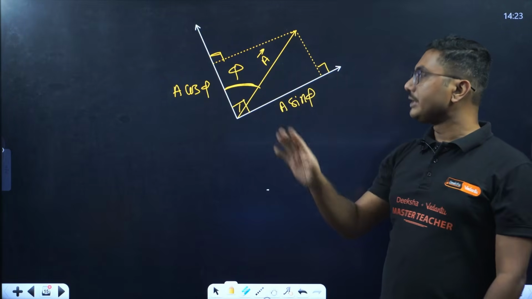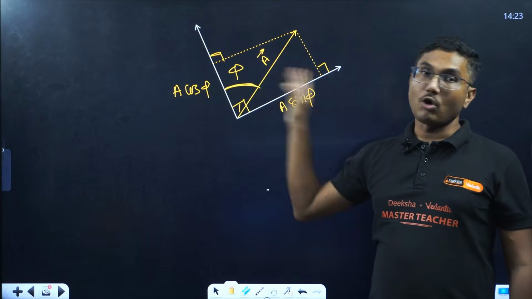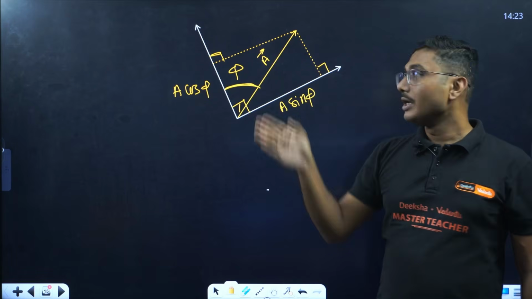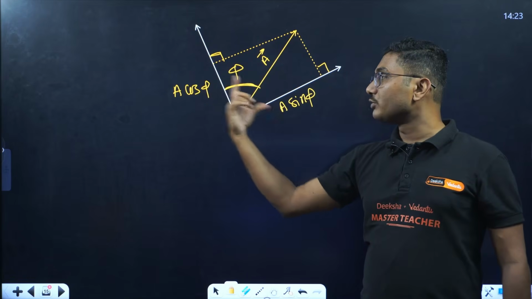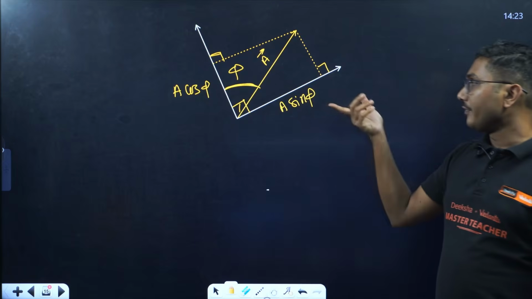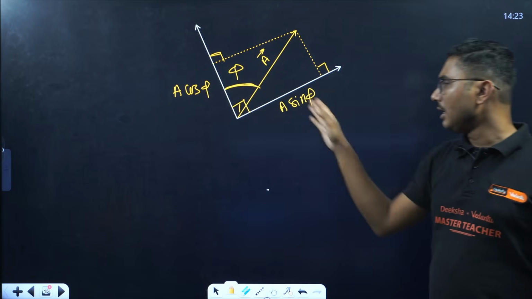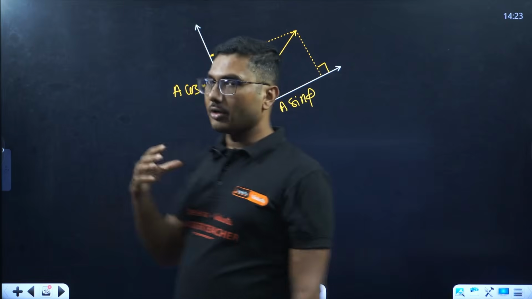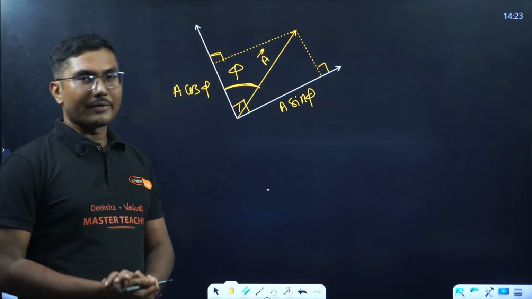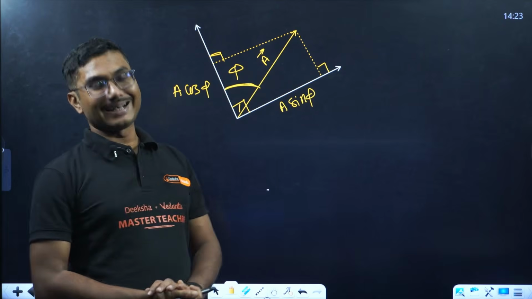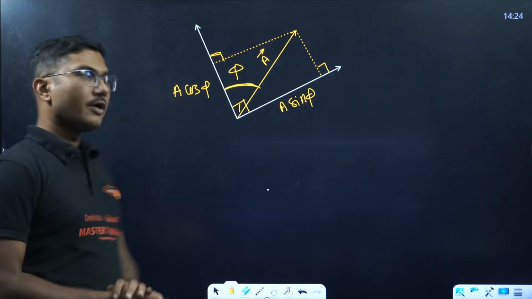No, always remember the angle which is given to you; based on that, cos and sin are determined. If this angle is given to you, the component which is next to this angle is cos theta, and the other one will be sin theta. Always keep that in mind. The axes need not be our x and y axes, they can be any general axes as well. That is the beauty of resolution of vectors.